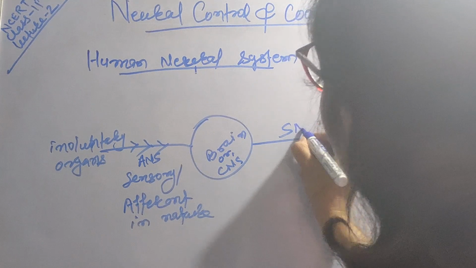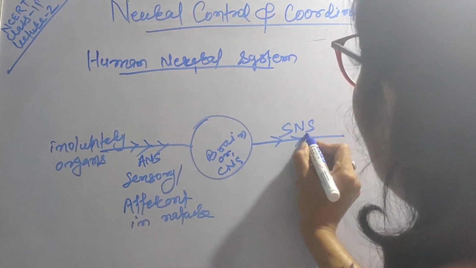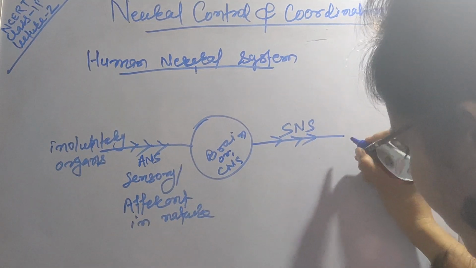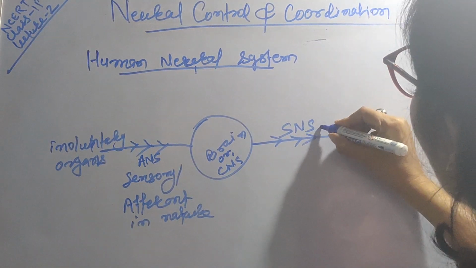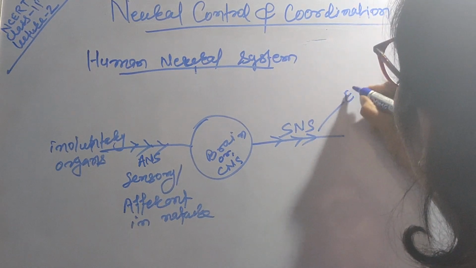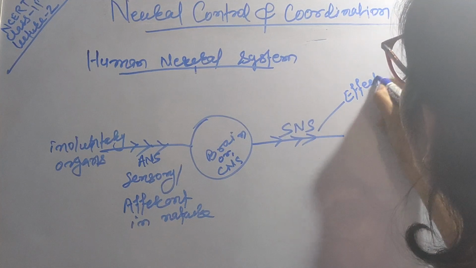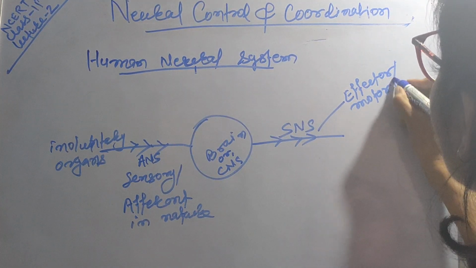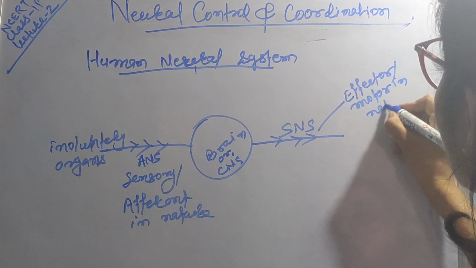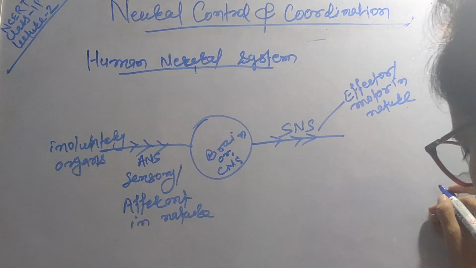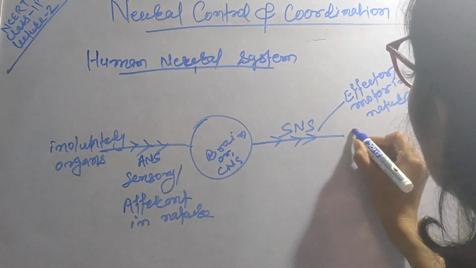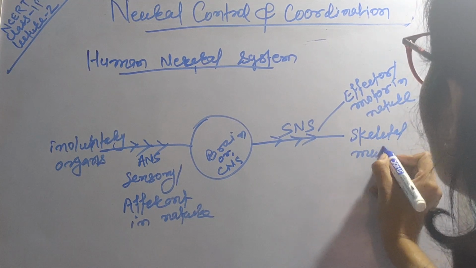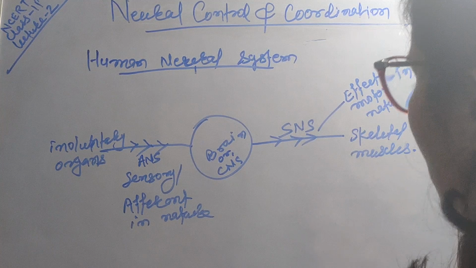So this system is the somatic nervous system. These are effector or motor in nature, and provide signals to skeletal muscles.